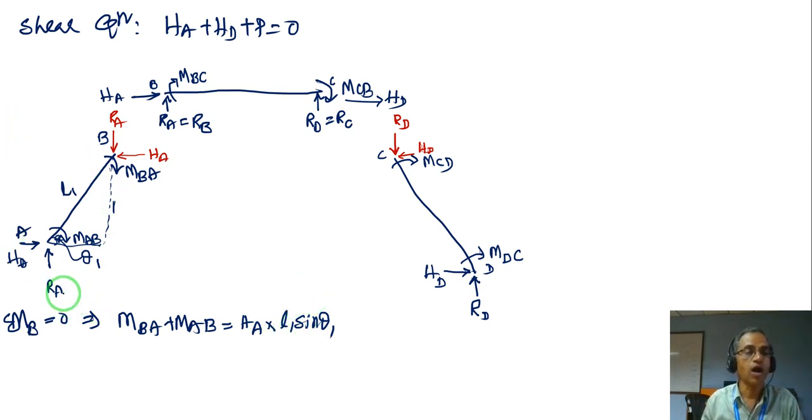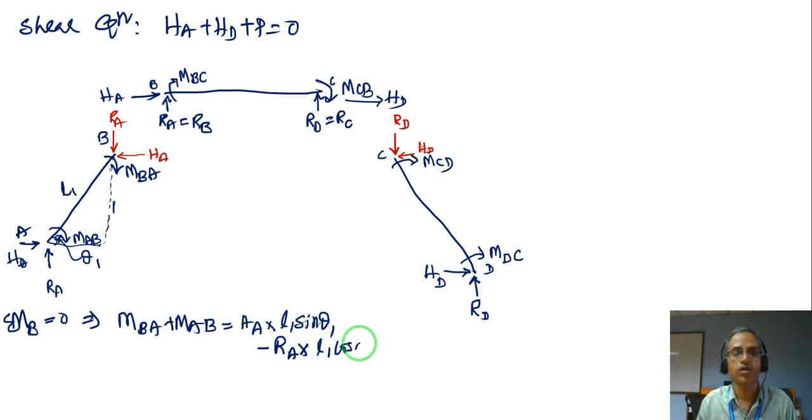Then this RA also is there. RA will have a clockwise moment, which is this side. I can say minus RA into this horizontal distance, which is L1 cos theta 1. If the vertical height and horizontal length are directly given, I can use them here instead of L1 sin theta 1, L1 cos theta 1.